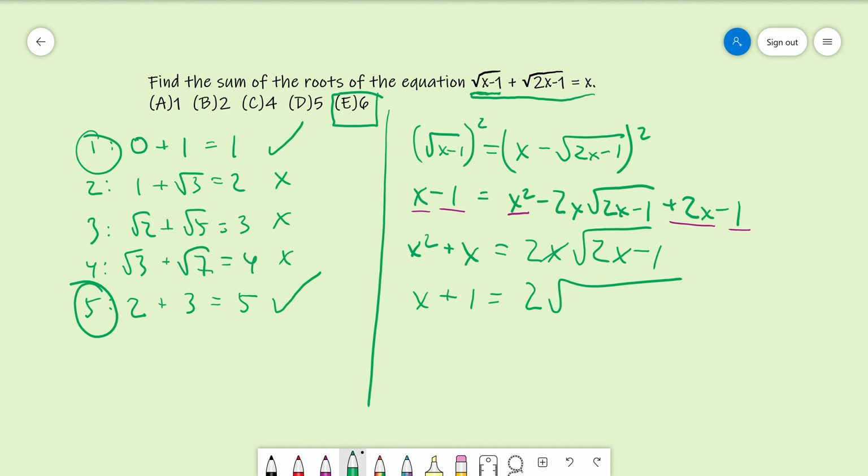So this cancels out. And we get x plus 1 equals 2 times the square root of 2x minus 1. Now if we square both sides, we'll get x squared plus 2x plus 1 equals 2 times 2x minus 1.